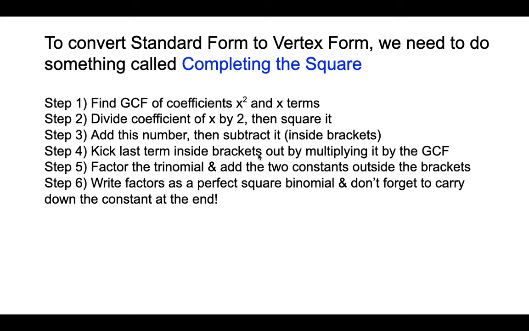You're going to kick it out, but make sure to multiply that by the greatest common factor. Then we'll be left with a trinomial at the front and two constants at the end. So we're going to factor this trinomial. It's going to be a perfect square binomial, and combine these constants. I know that seems like a lot, and it is, so I'm going to do this step by step.